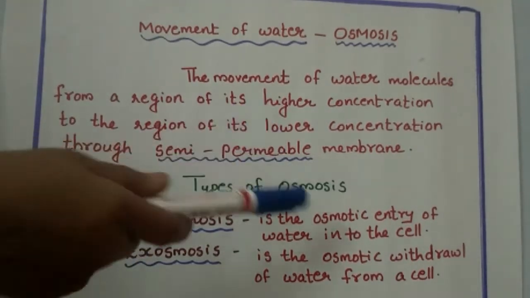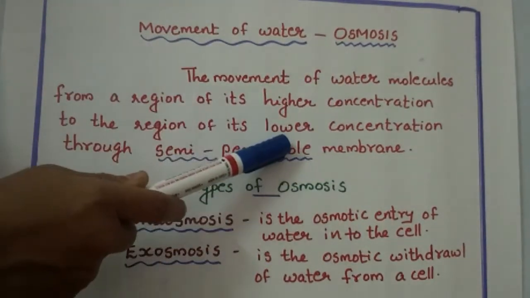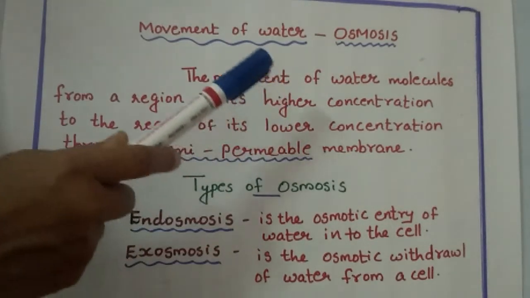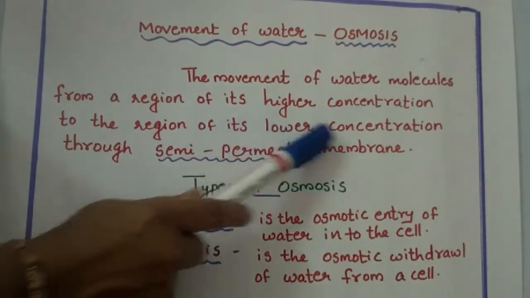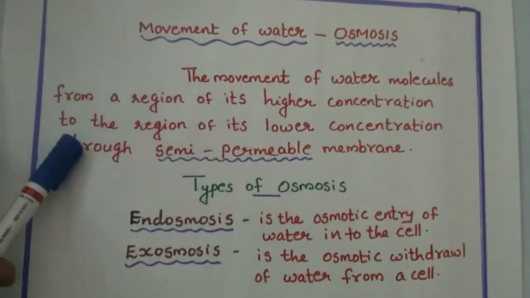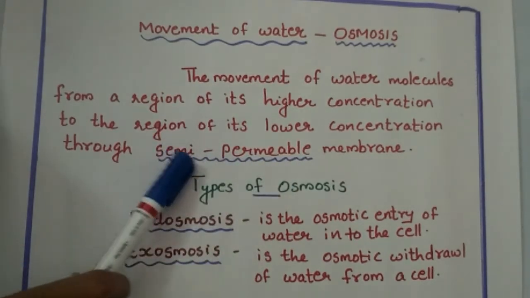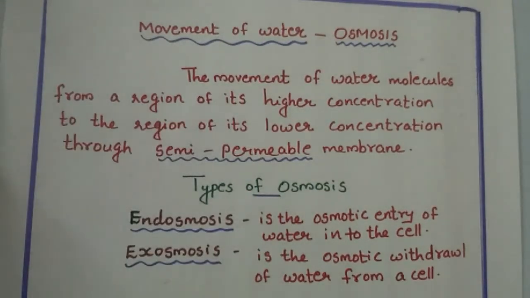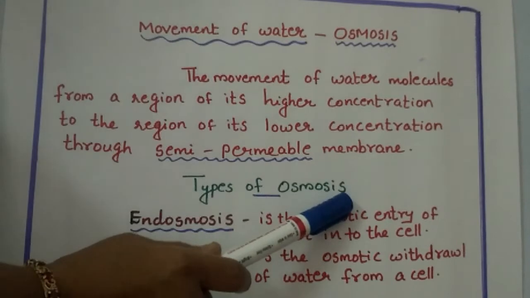So, if the water concentration is more in one region and lower in another region, then water molecules will move from higher concentration to lower concentration through the semi-permeable membrane. That is important. If it is passing through a semi-permeable membrane, then only it is called osmosis. Understood?